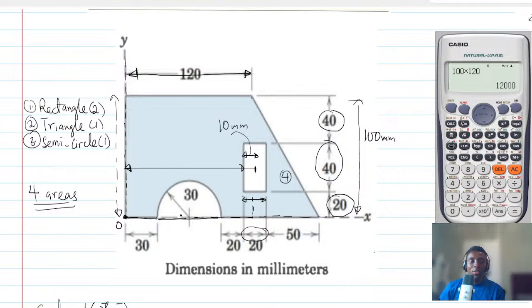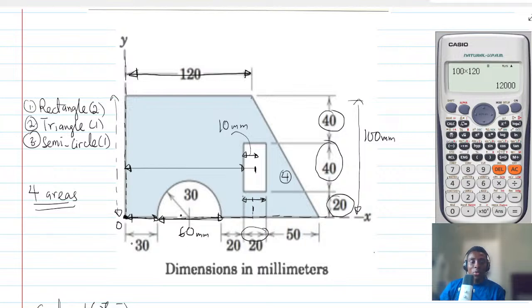From here to here is 30. Don't forget that the radius is 30, which means the diameter will be 60, right?